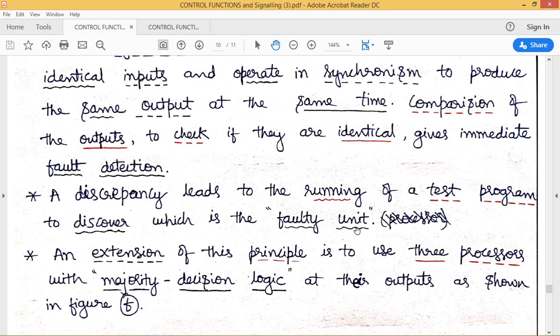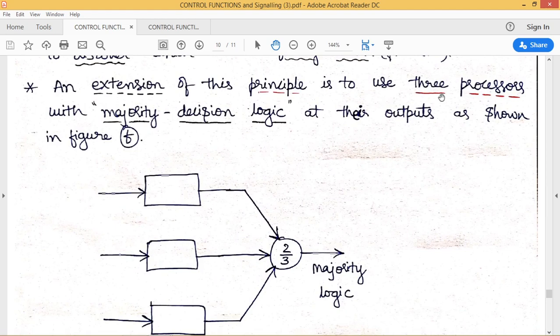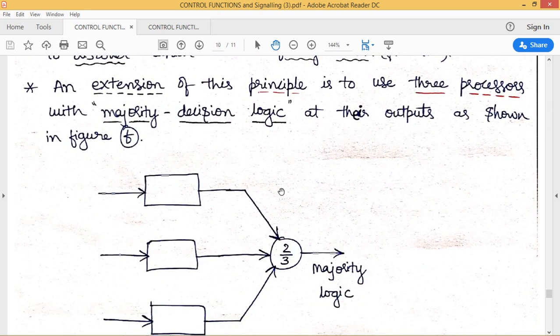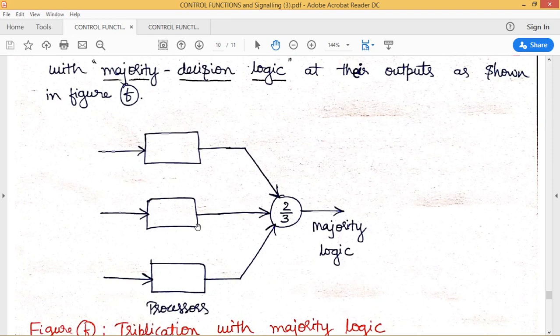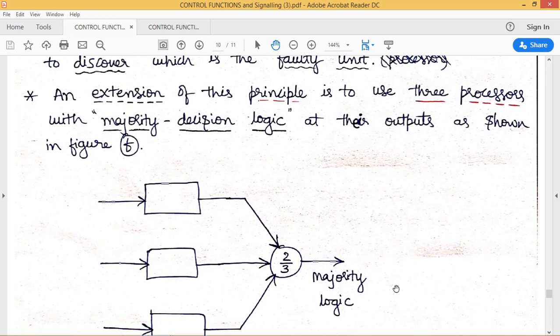Of course, the extension of this principle is to use 3 processors instead of 2. With synchronous dual operation, we can make use of 3 processors operating together. That is what triplication with majority logic is.